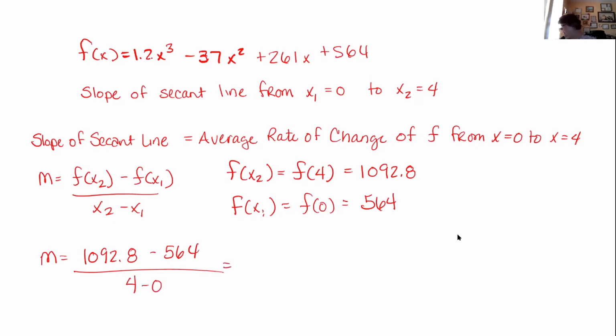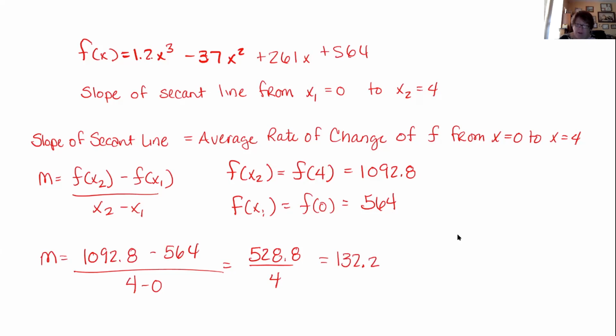Okay, I'm going to take my calculator out. 1092.8 minus 564. And I get 528.8. Divided by 4. 132.2.